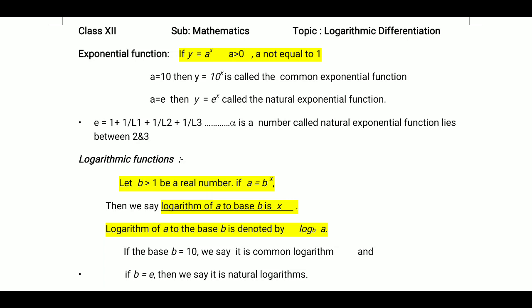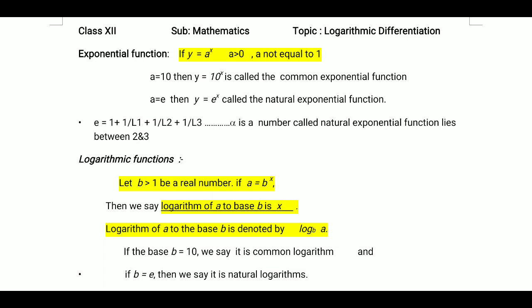Then we say that log of a base b is x. This is the definition. If a is equal to b power x and b is greater than 1, then log of a base b is equal to x.